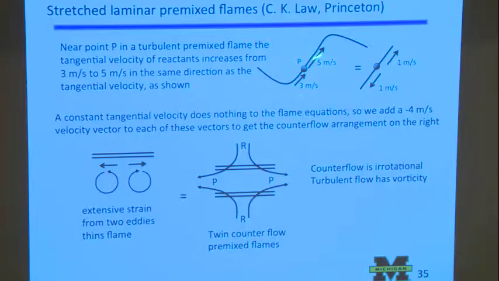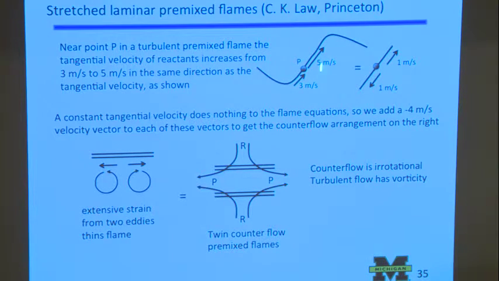If you look at your equations for laminar flames, whether premixed or non-premixed, the tangential velocity gradients, du/dx and dv/dy, are the velocity gradients that are important, but a constant velocity doesn't do anything.